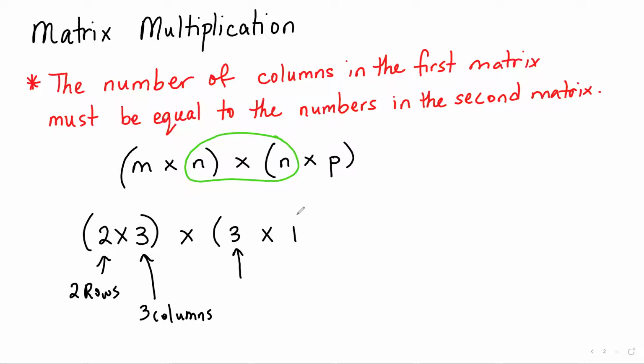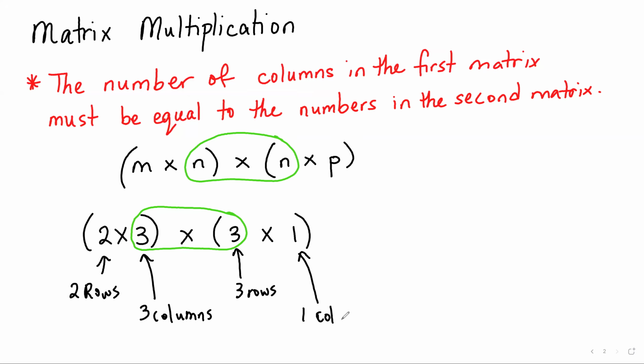All that matters is that 3. If the first matrix is 2 by 3, it has 3 columns, so the second matrix has to have 3 rows, any order except it must have three rows.